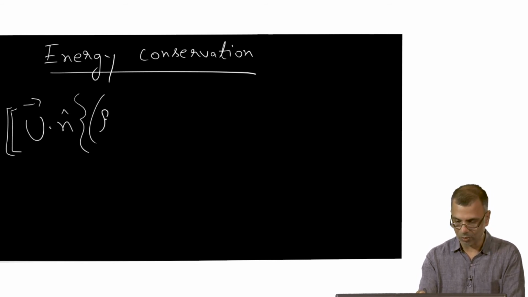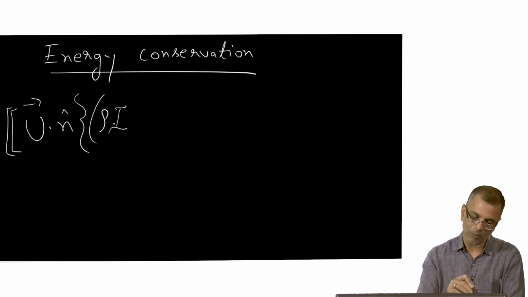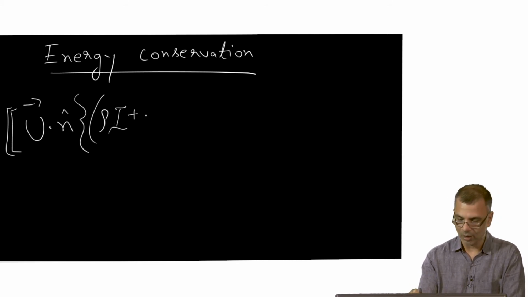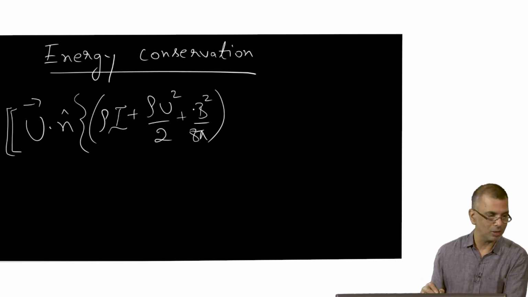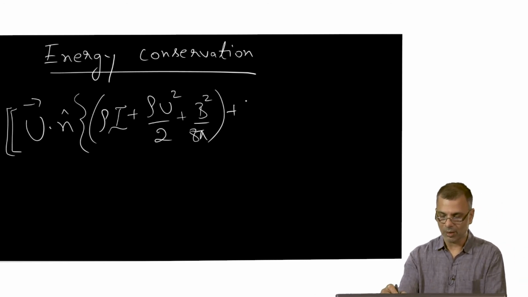So rho times, this is the same internal energy that we'd written down earlier. This is the same kinetic energy density that we had also written down earlier. The additional chunk is the magnetic energy density right here.